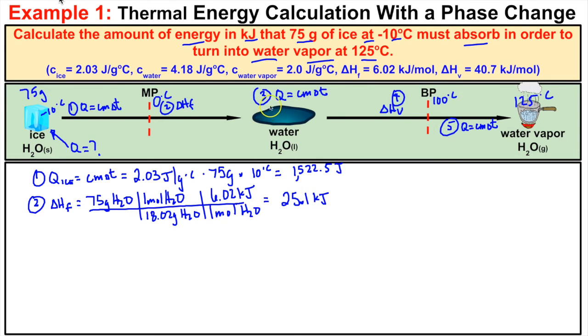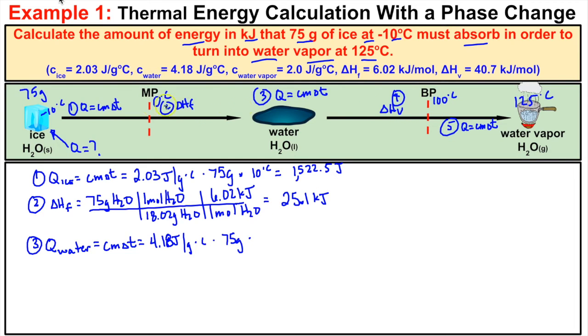Now we need to figure out how much thermal energy this water is going to absorb as it goes from 0 degrees Celsius to its boiling point. So we'll use Cm delta T here. Our specific heat capacity of water is 4.18 joules per gram degrees Celsius, times the mass, which is 75 grams, times the change in temperature.